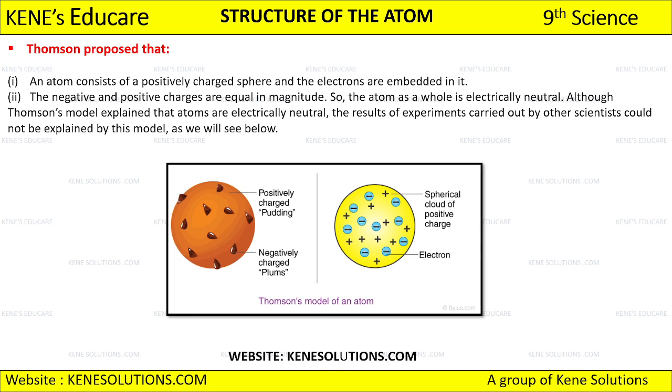The results of experiments carried out by other scientists could not be explained by this model. This is Thomson's model of an atom, which is also called the plum pudding model.